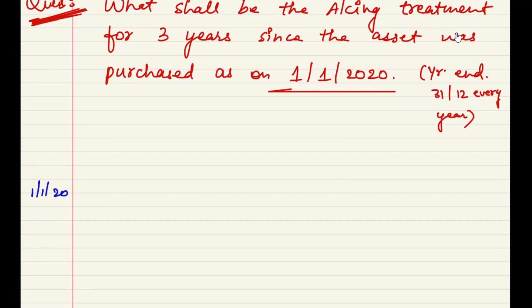I have purchased, let's say, a car. The car is a fixed asset, so the car account is debited. What was the purchase value? It was 40 lakh rupees. Let's say I made the payment from the bank account.